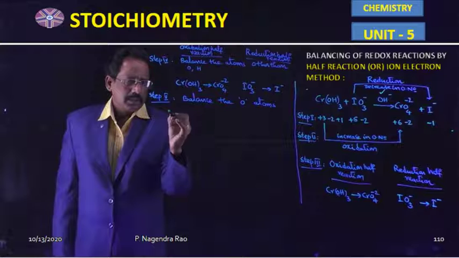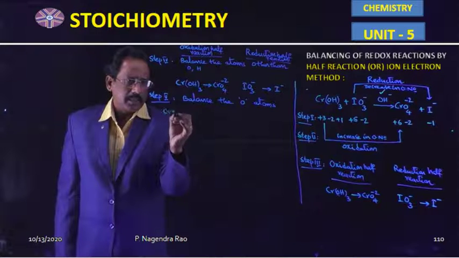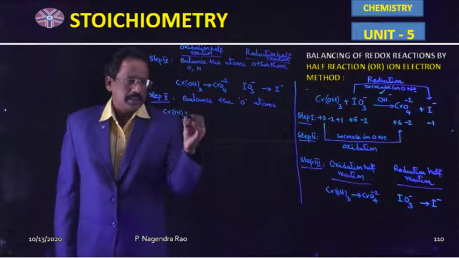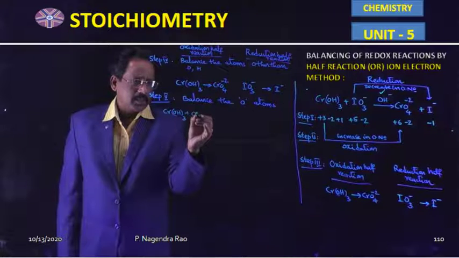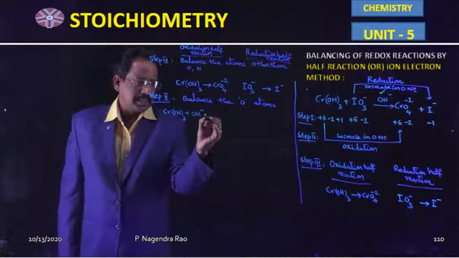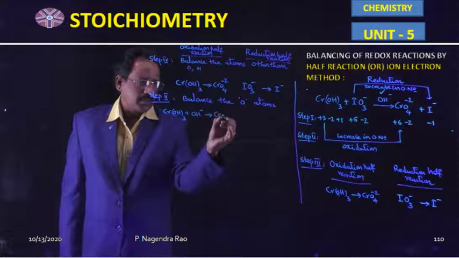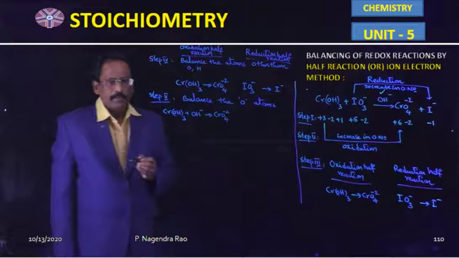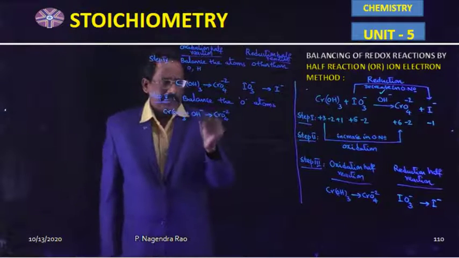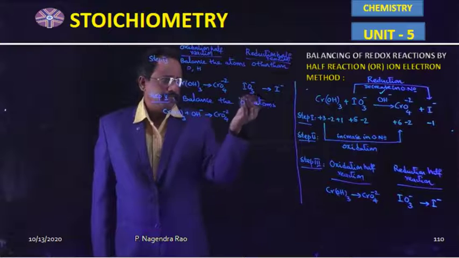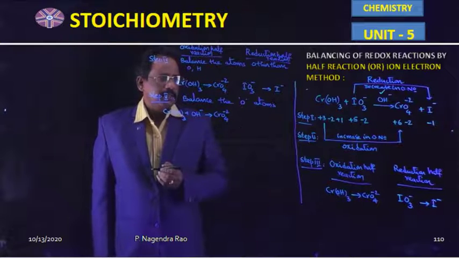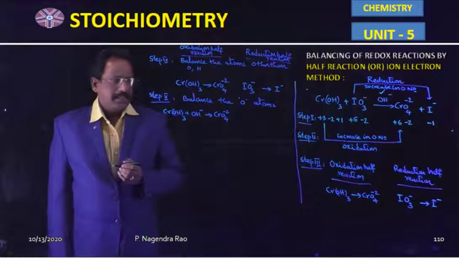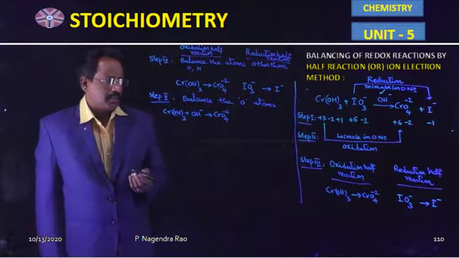So Cr(OH)3 plus OH⁻ is converted into CrO4²⁻. Oxygen atoms are balanced. Here in this reduction half reaction, in the reactant side there are 3 oxygens.